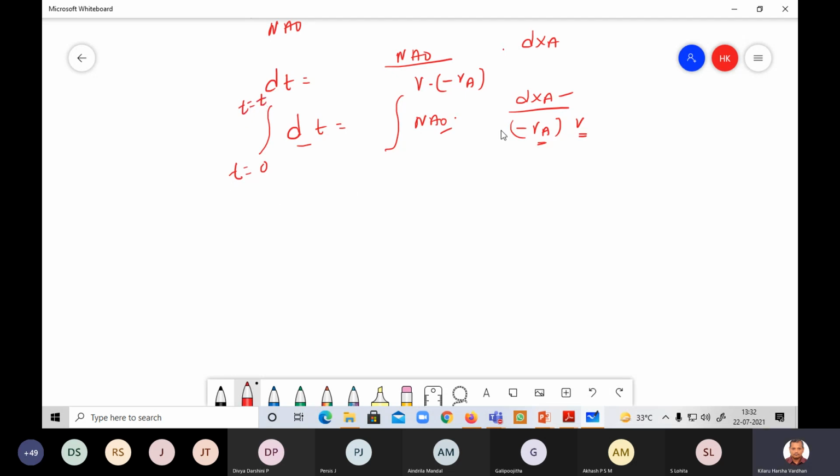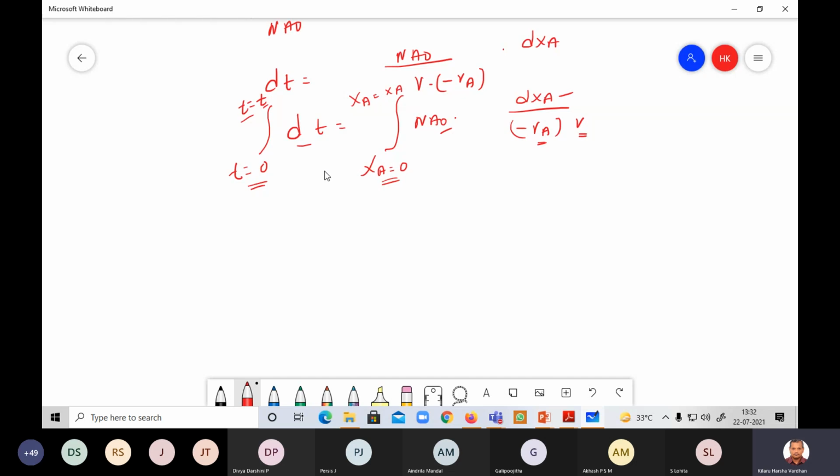At t equal to 0, what will happen? We are integrating with respect to Xa. Xa will be 0 because at time t equal to 0 there is no reaction. At time t equal to t, Xa becomes Xa, right?